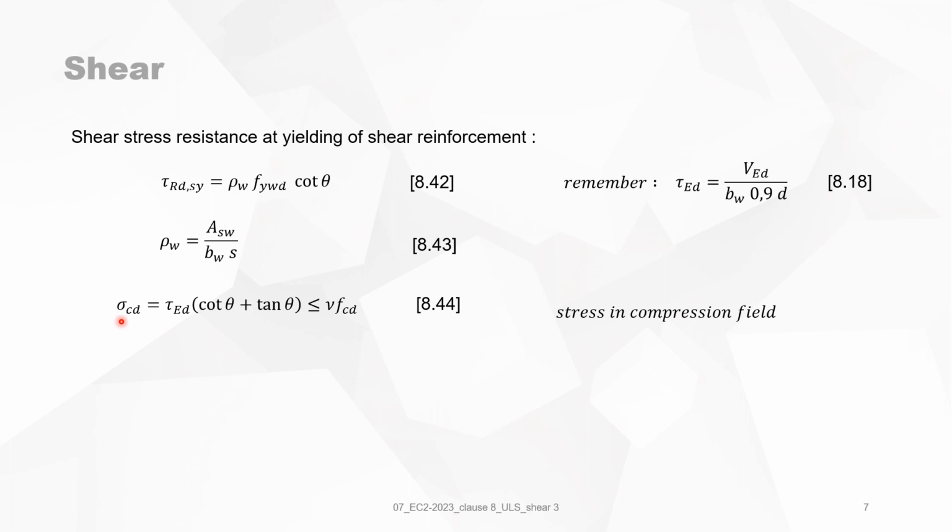You must also apply formula 8.44, which is the maximum stress in the compression field or in the struts, and that stress must be smaller than nu FCD. The stress is calculated as the applied shear stress multiplied by cotangent theta plus tangent theta.